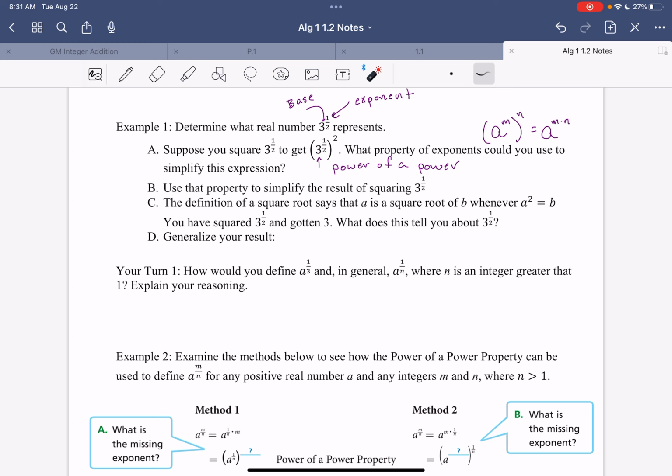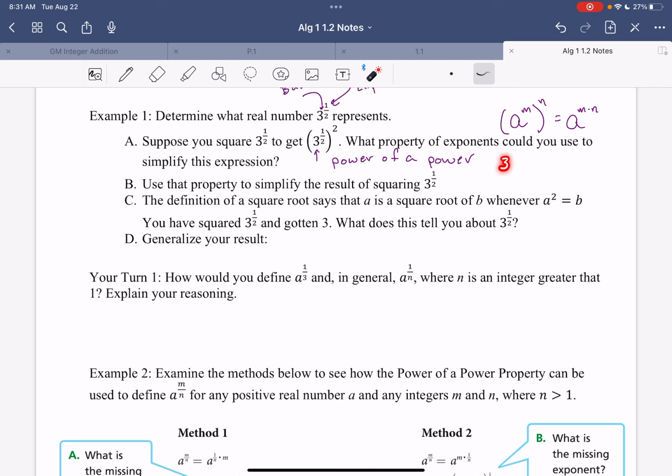Use that property to simplify the result of squaring 3 to the 1/2. So we're going to, sorry guys, I didn't leave a lot of room for this, but we're going to fit it. Oh, 3 to the 1/2 to the second tells me I take 3 to the 1/2 times 2. 1/2 times 2 is 1. 3 to the 1, which is just 3. So when I take 3 to the 1/2 and square it, I just get 3.